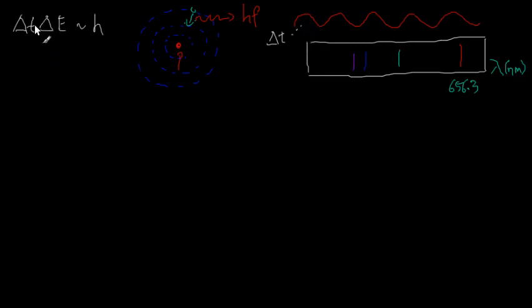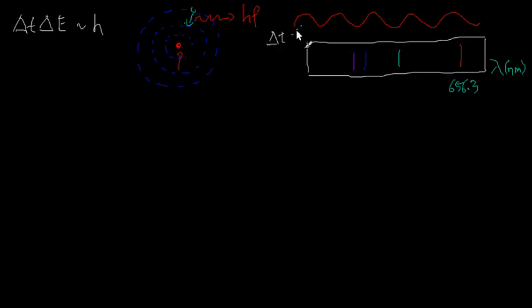Now, if there's a certain time for this wave, then it must have a certain energy range, as I described in the last video, that is related to the delta t by this uncertainty relation.